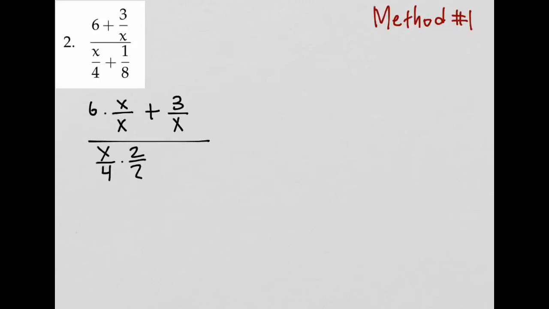We have 6 times x over x plus 3 over x, all divided by x over 4 times 2 over 2 plus 1 over 8.